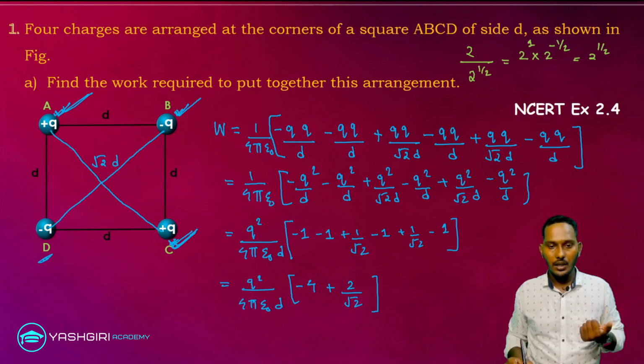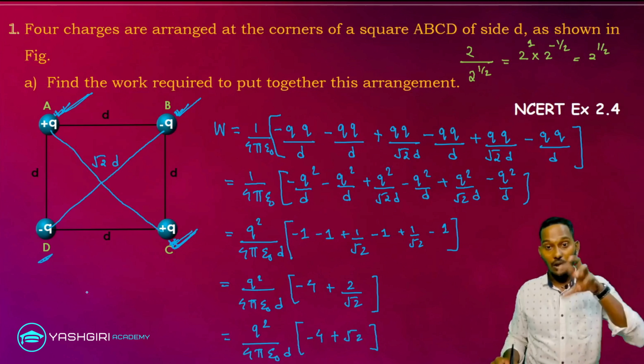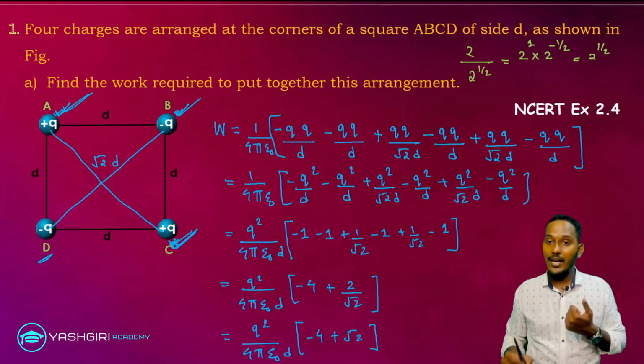Okay, let me just write it down here as q square upon, students, 4 pi epsilon naught times d, and here I will be having -4 plus square root of 2, right? So if you want, you can also rearrange this, and you can write it something like this.